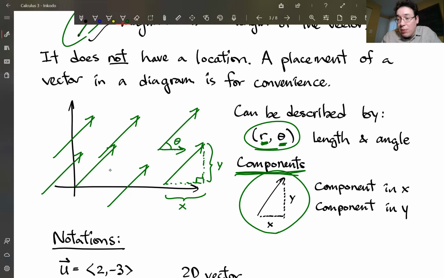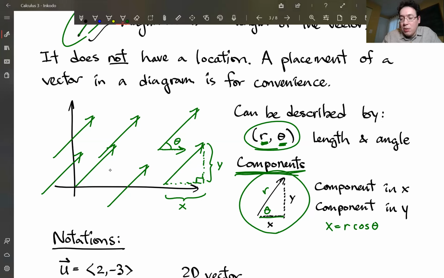You have to use a little bit of trig to go back and forth. If I draw an angle there, and the hypotenuse has length r, you can write down the x component: cosine of theta is the ratio of the adjacent side over the hypotenuse r.